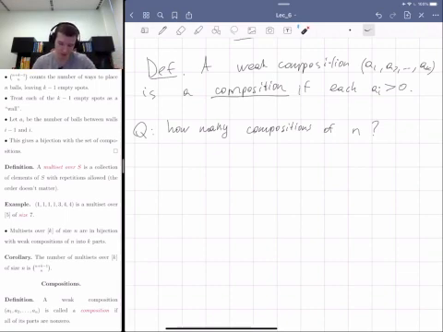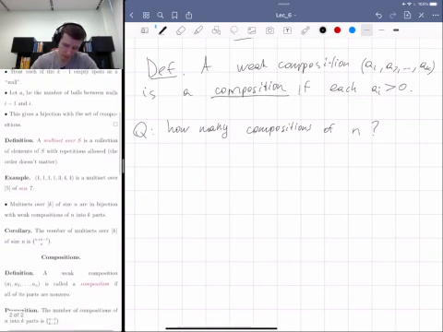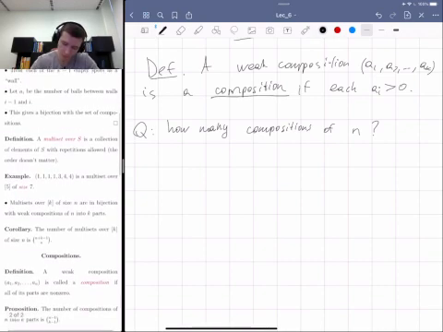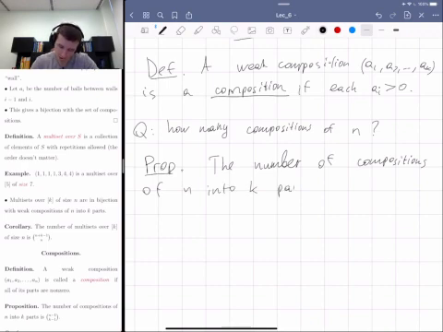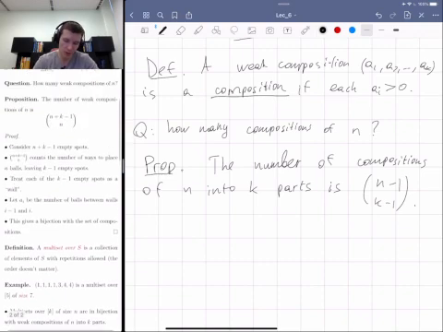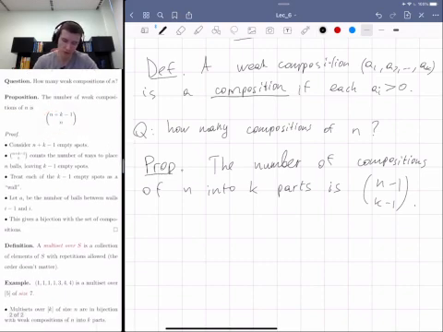So the claim is that the number of compositions of n into k parts is some other binomial coefficient, n minus 1 choose k minus 1, as opposed to n plus k minus 1 choose n.